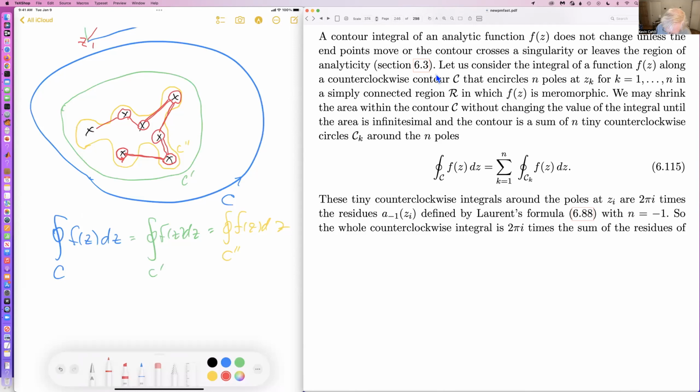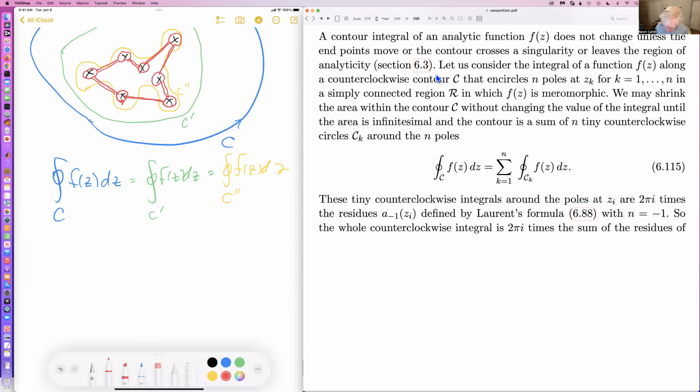And remember, what we have here are two lines actually, but they're infinitely close to each other, so they completely cancel. And so what we've got is that this thing is actually equal to a sum over the n poles of the integral around C_k of size epsilon of f of z dz.